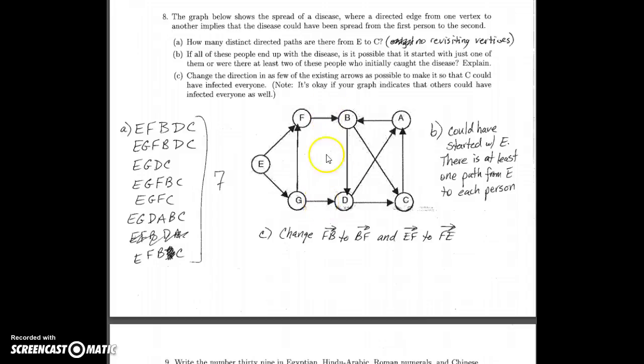Doesn't really matter which one you flip, because then you have to flip the one over here to infect E. Once you infect E, you can infect everyone. We basically just need to get to E here. So potentially by flipping this one and by flipping this one, we could get out to E, and then from E we could infect G. So we need to change 2.